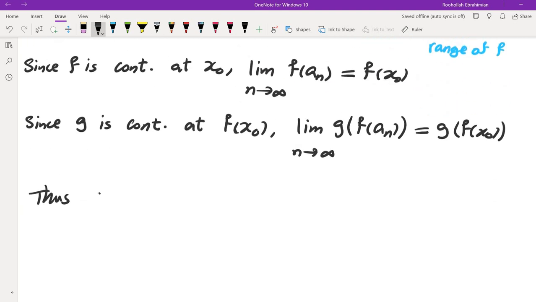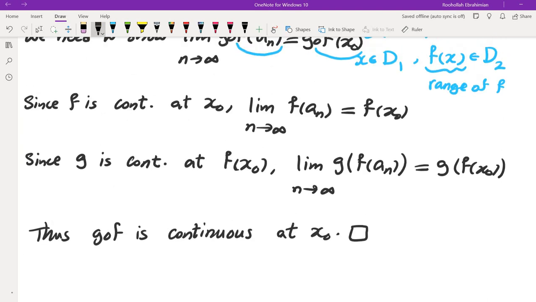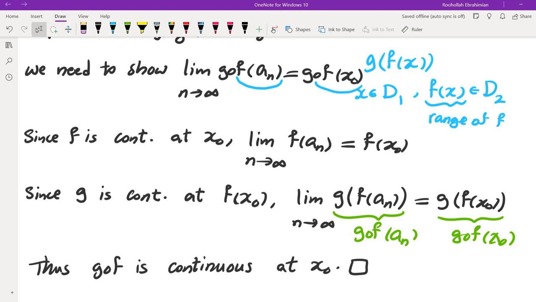And that's why g o f is continuous at x naught. What we showed is that g o f of a_n approaches g o f of x naught, which is why g o f is continuous at x naught.